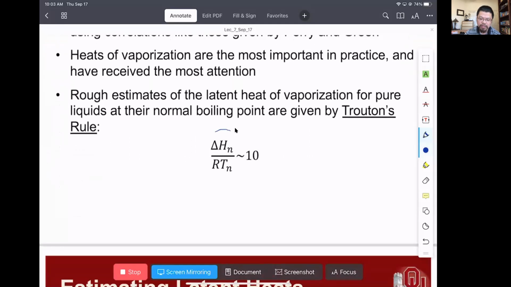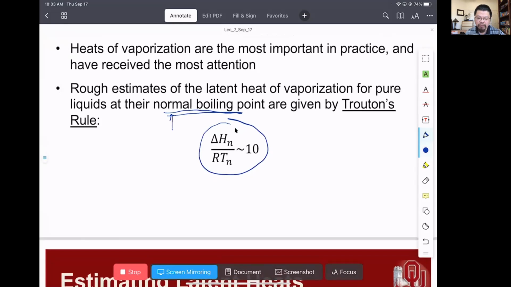For example, this is one equation we could use for the pure liquid at their normal boiling point. By normal, that implies the ambient condition, 1 atm. If that is the case, then we have a more or less fixed ratio between the enthalpy change of boiling with respect to the boiling temperature.